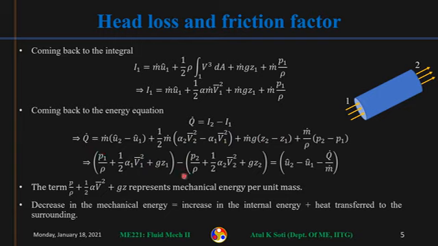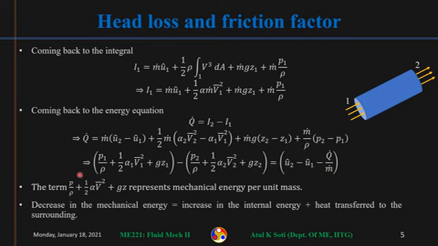This is at section 1, and the same thing at section 2 will be equal to u2 hat minus u1 hat minus q dot by m dot. So this will be the final form of the energy equation after all the modifications.